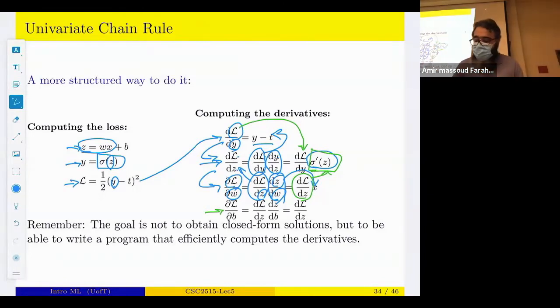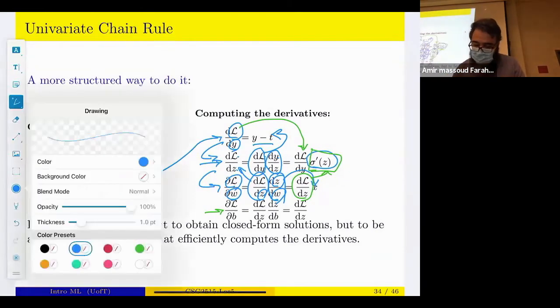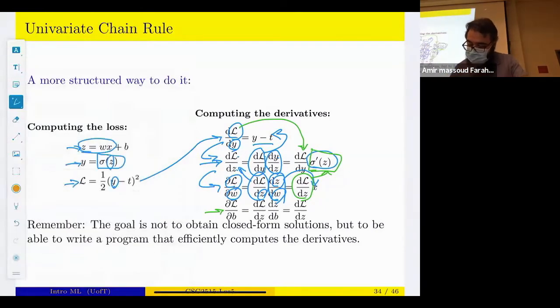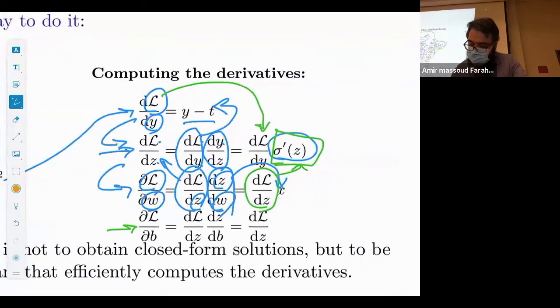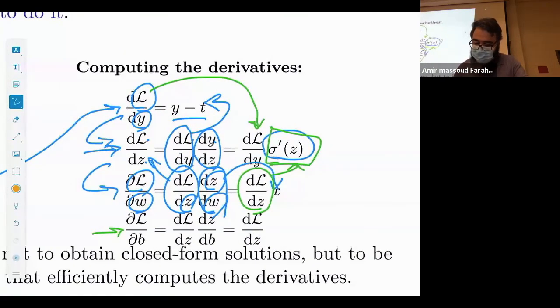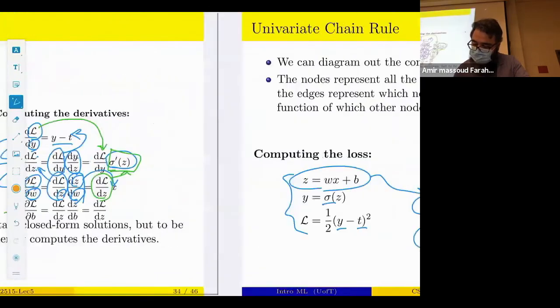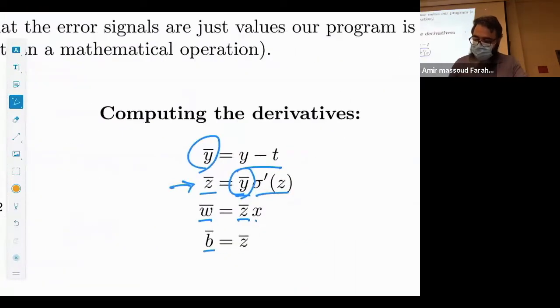So I'm not plugging all the formulas together, but just plugging in the value that is computed, say for example the previous or next step in the computation, in order to compute the gradient with respect to this step. I can show it here more clearly.